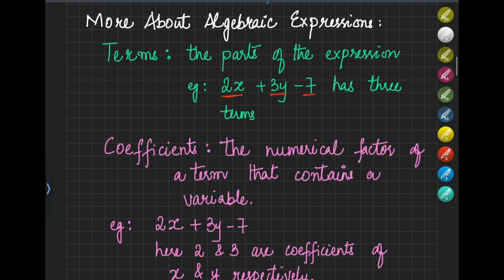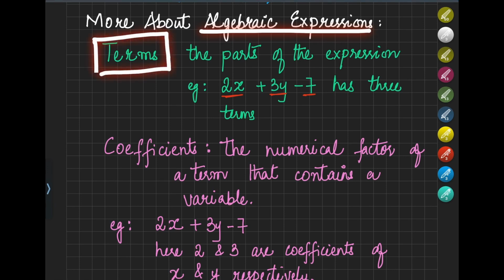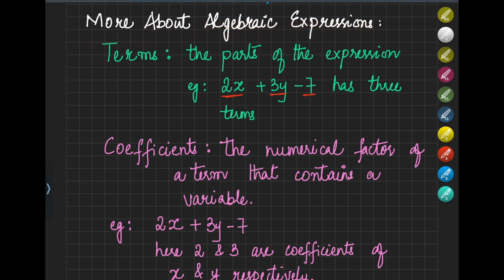Now, what are the different components or the different terms that are associated with algebraic expression? The first term that is associated is the word term itself. What is a term?